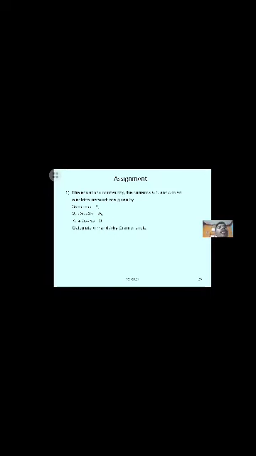Calculate I1, I2 and I3 by Cramer's rule.